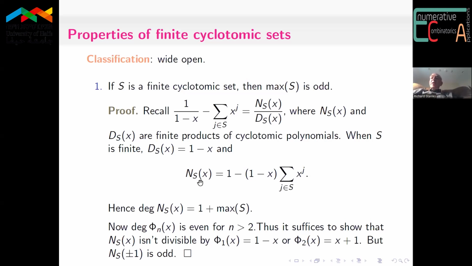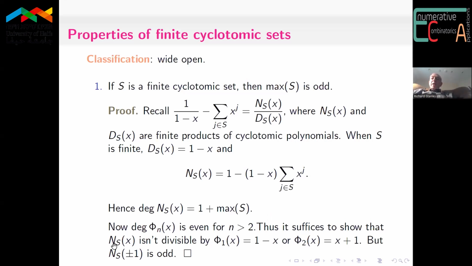And so N_S of x will be given by just rearranging this expression, 1 over 1 minus x times the sum over j in S of x to the j. So you can see the degree of N_S of x is 1 plus the maximum element of S, this x times x to the j, where j is the maximum element of S. But the degree of every cyclotomic polynomial is even when n is greater than 2.